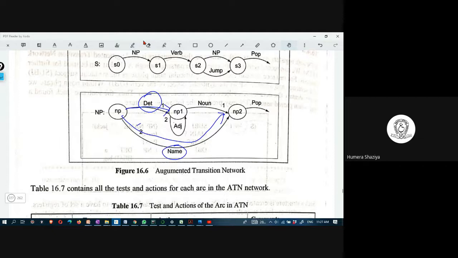The DT determiner could be A and the, and this 1 will be stored. Oh yeah, NP1 has 2 here. I could not find 2 earlier. Now I could find it here. NP1 oblique 1 is this route, this noun. NP1 oblique 2 is this adjective. So it also has 2.